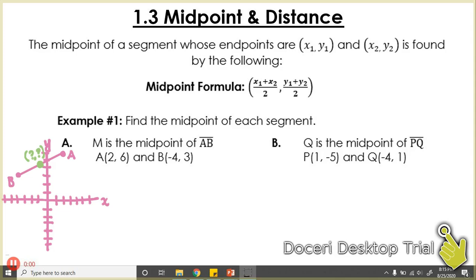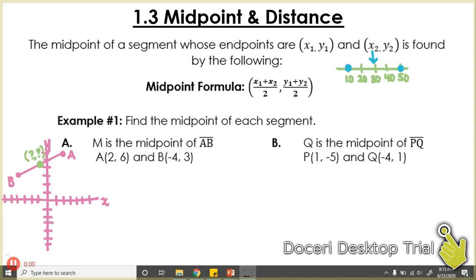We do have a formula to find this, but I want to talk about where it comes from. If I ask you the simple question of what's halfway in between 10 and 50, you could easily tell me that is 30. Here's how we know that. If we look at the number line, 10, 20, 30, 40, and 50, here is 10, here is 50, and 30 is in the exact middle.